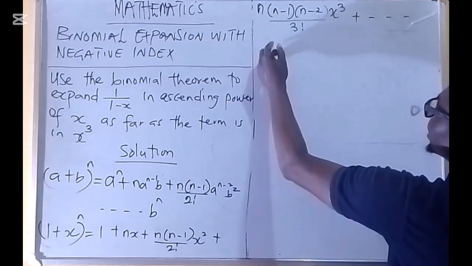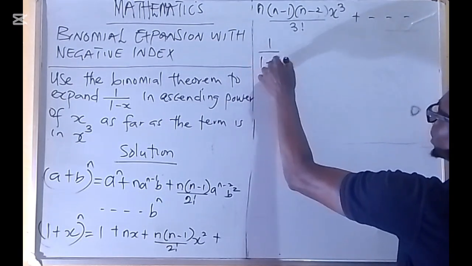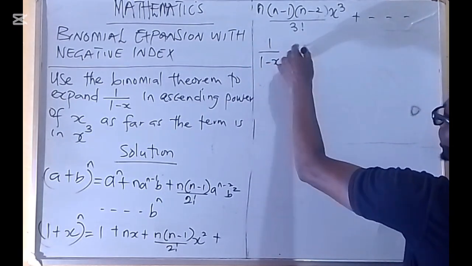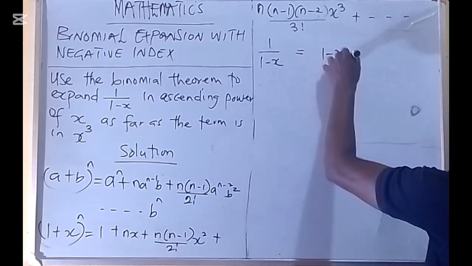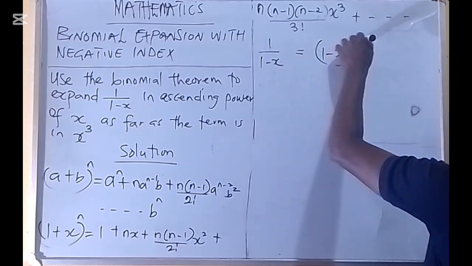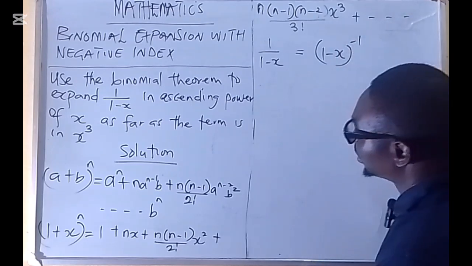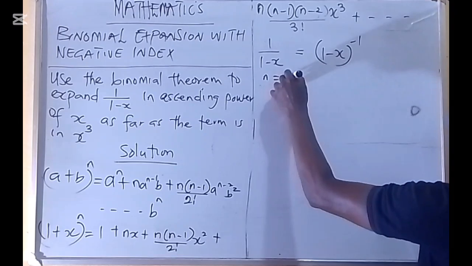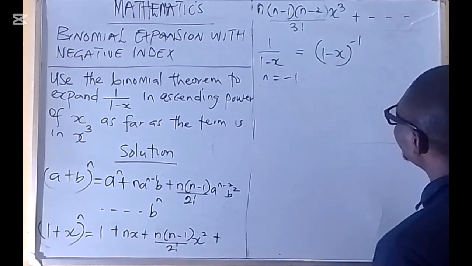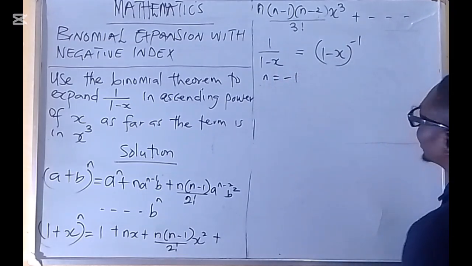So to solve this, 1 over 1 minus x can be written in this standard form: (1 minus x) raised to the power minus 1, telling you that our n is equal to minus 1 here.